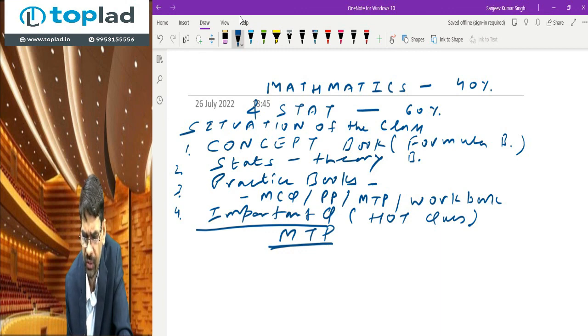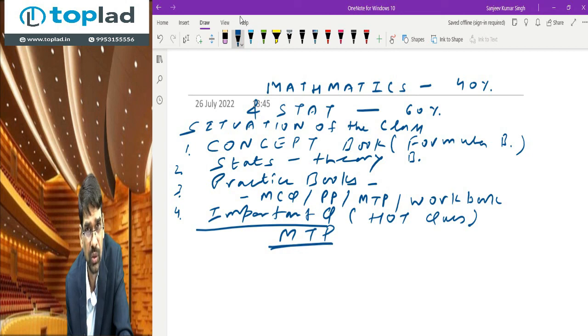Our role is that we will compile all the mock test papers and, from them, pick those questions and concepts that are asked repeatedly in the paper.